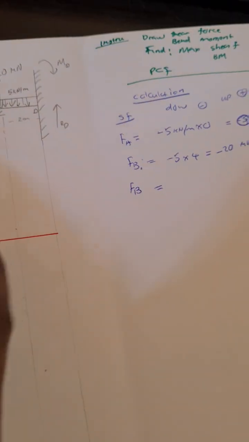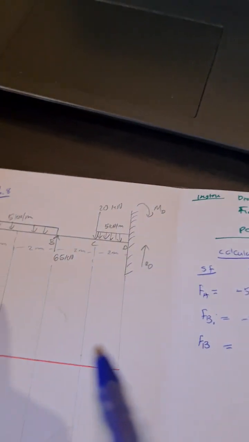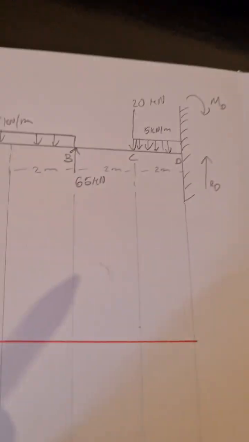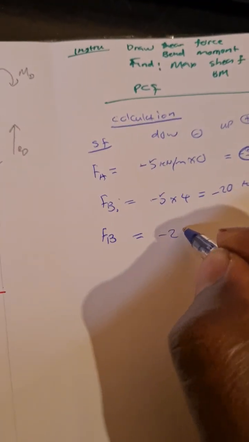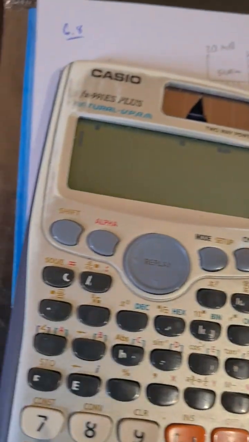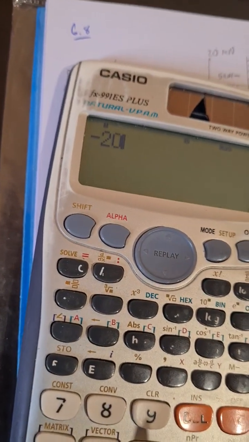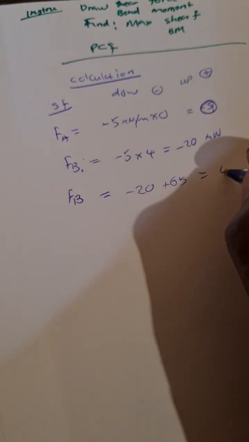Then force at B. What is the force at B? So force at B is what? 65. So it's gonna be the previous one, which is minus 20 plus 65. So minus 20 plus 65, it's what? 45, positive 45 kilonewtons.